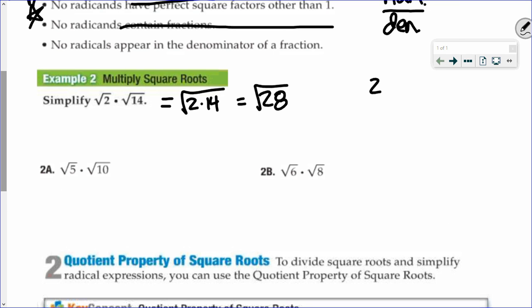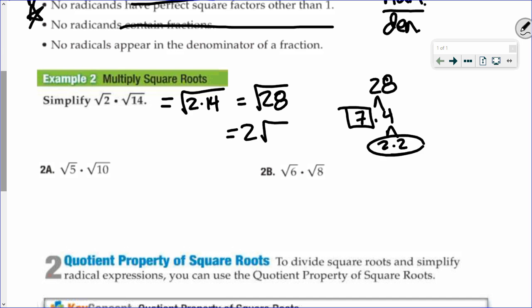I'm going to use finding pairs, doing the prime factorization of 28 with 7 and 4, and 2 and 2. I got a pair of 2s, so they can come outside of my radical, and my leftover 7 needs to stay in the radical. So this would simplify to 2 square roots of 7.